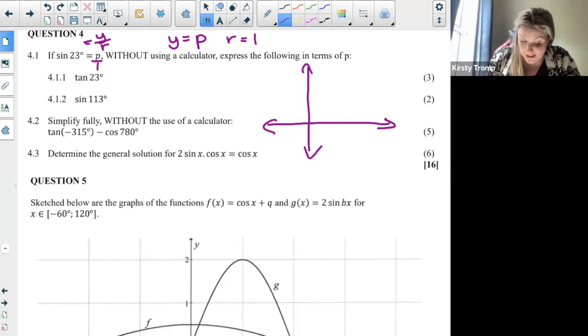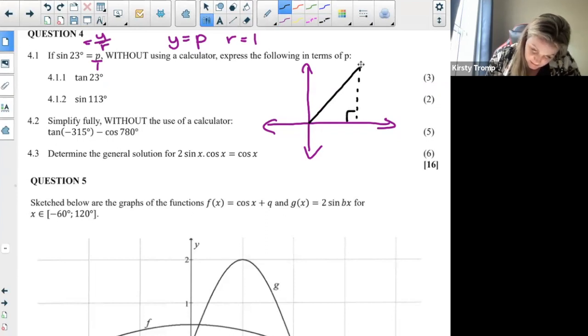What's missing? What's missing is what we need to ask ourselves. I draw my arm out here, I drop a little dotted line to help me.